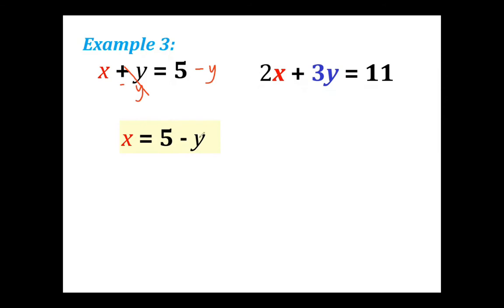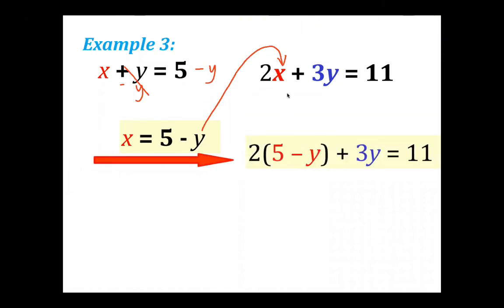So you have x equals 5 minus y, and now that we finished step 1, you can plug in this expression that is set to x into your x value in the other equation. So your equation would look like this: 2 times your x value, which is 5 minus y, plus 3y equals 11.